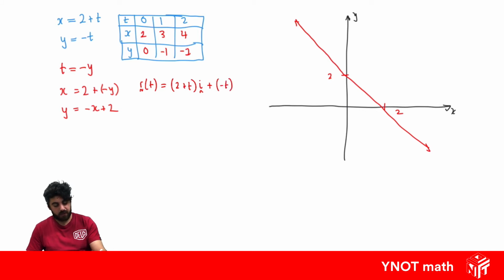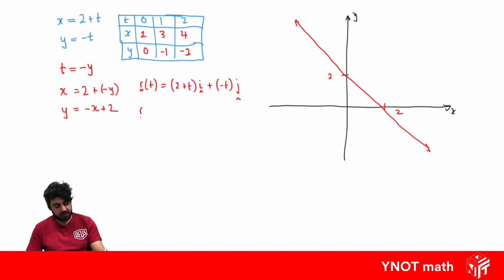So our y components minus t, we multiply that by j, and this vector also describes this line here.